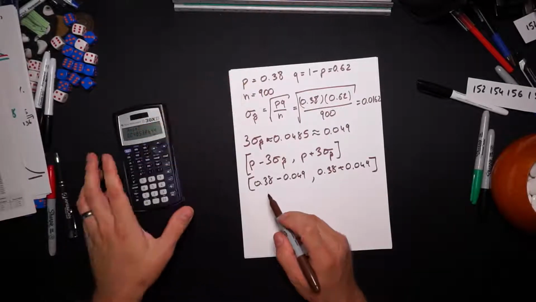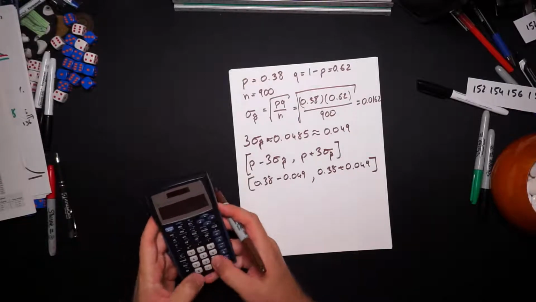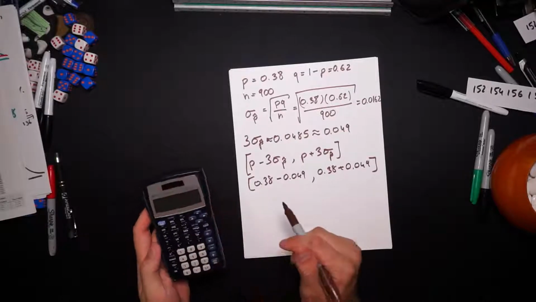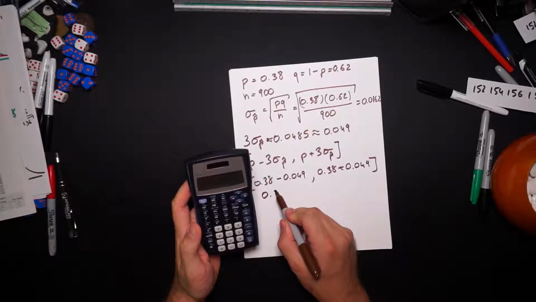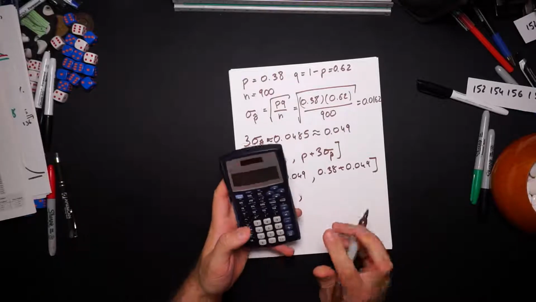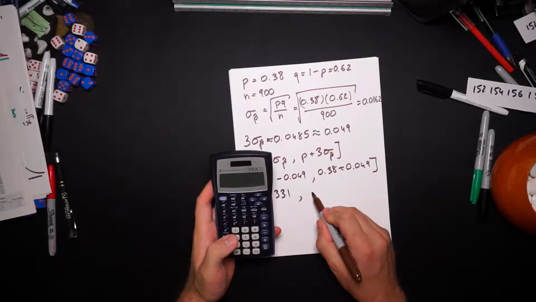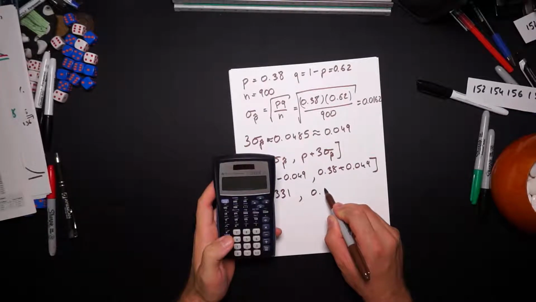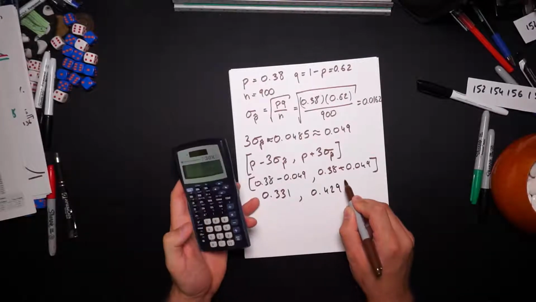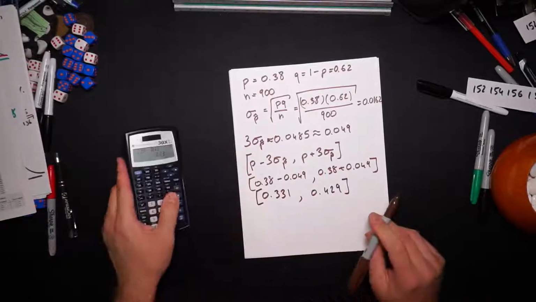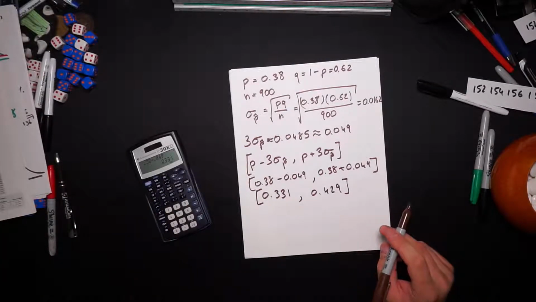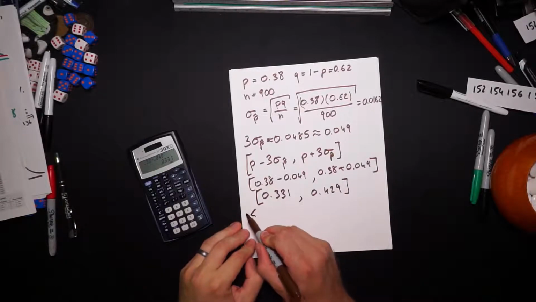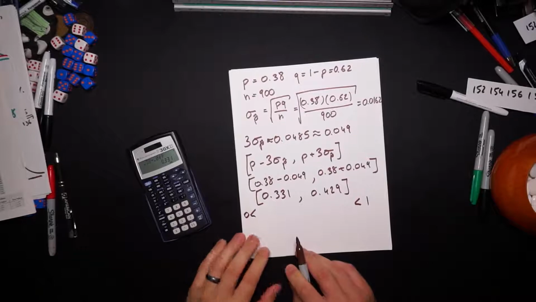So this becomes 0.331, and this becomes 0.429. Well, is it in this? Yes.